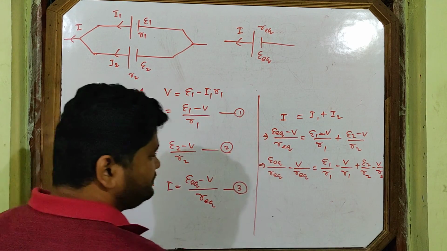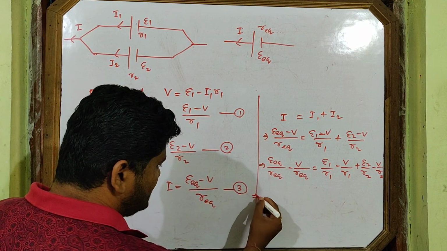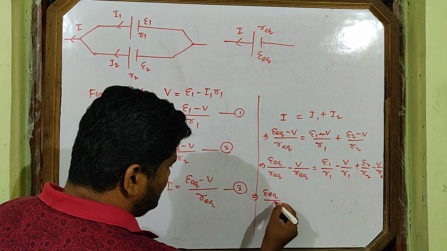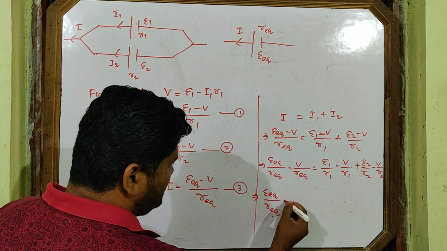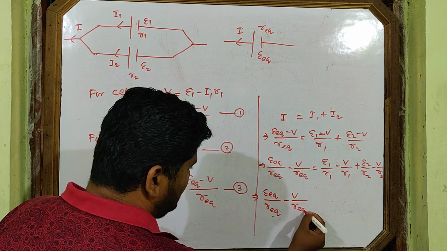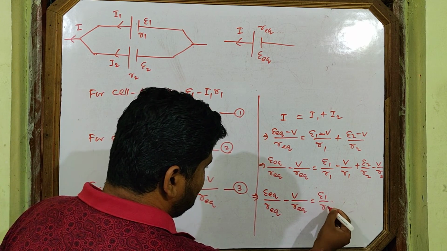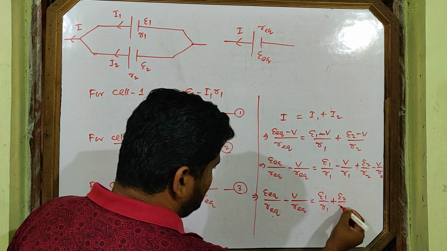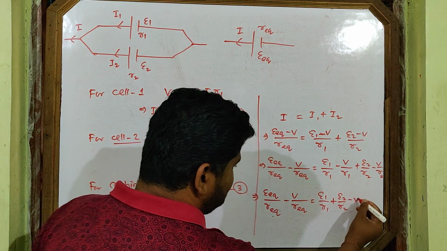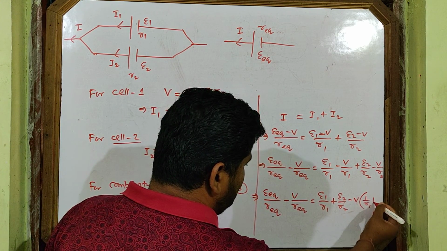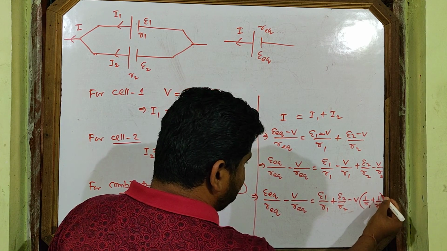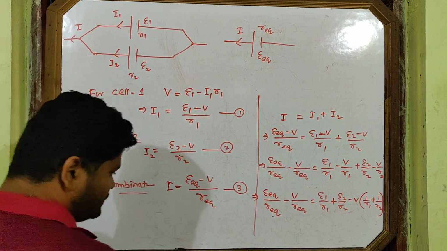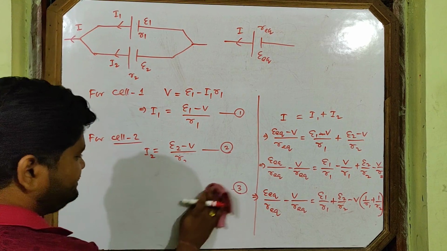This implies E equivalent by R equivalent, minus V by R equivalent, equals E1 by R1 plus E2 by R2 minus V whole into 1 by R1 plus 1 by R2. Okay, so keep it like that.